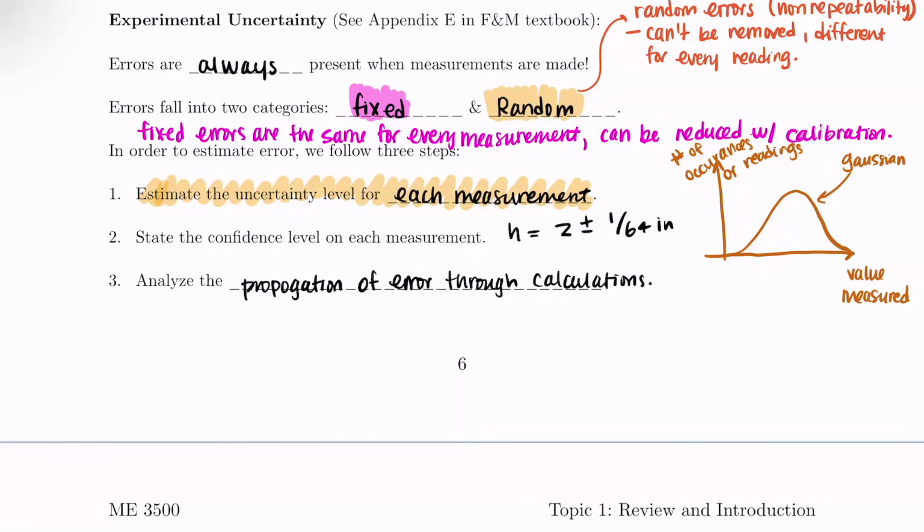All right, and you'll notice that we have a peak number of occurrences that happens in the middle, of course. So this is your mean measured value, or the nominal measured value as it is sometimes called.